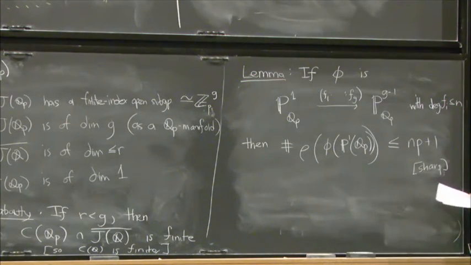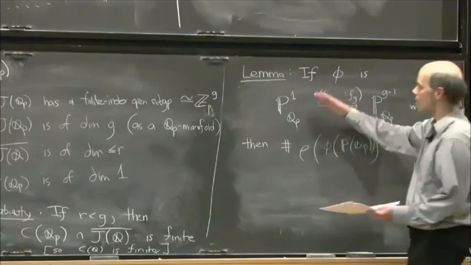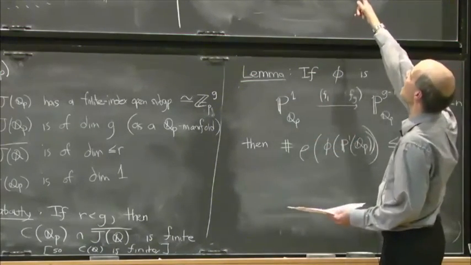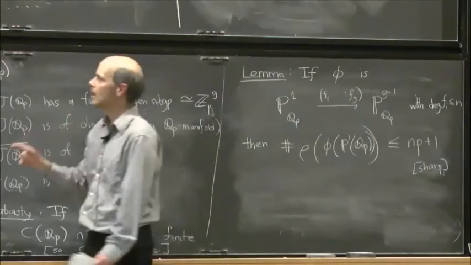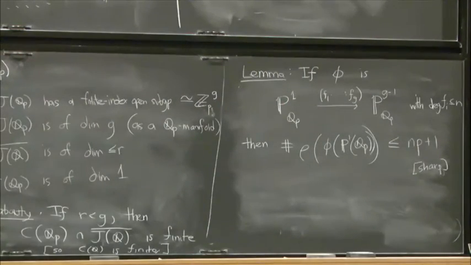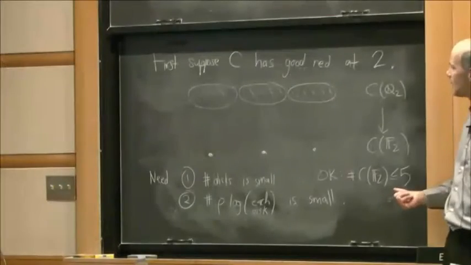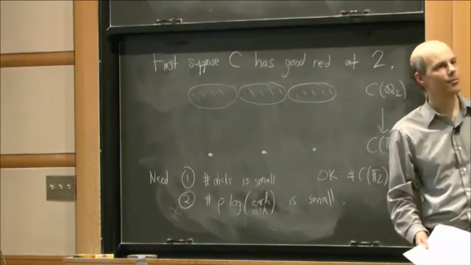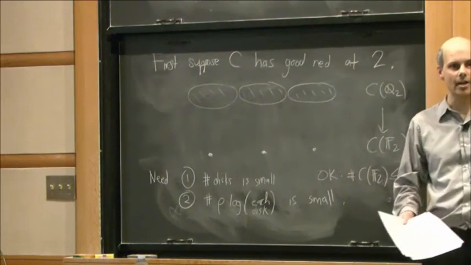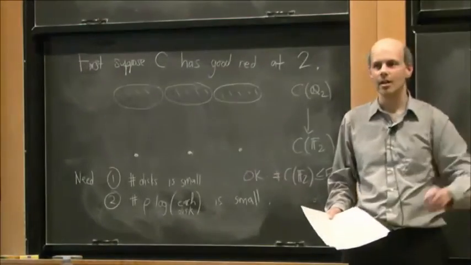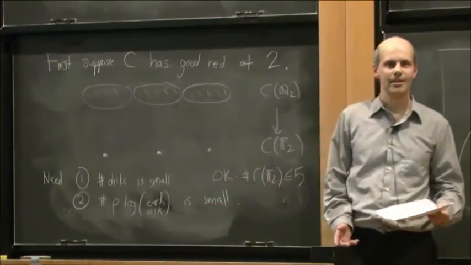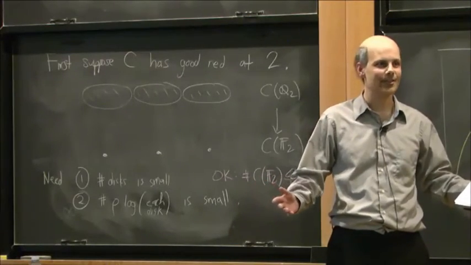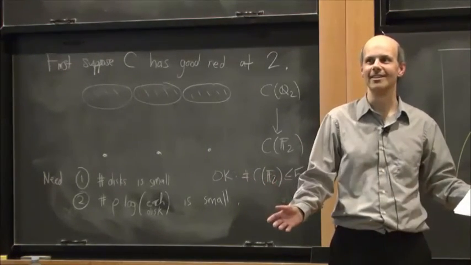But we're still not done. This lemma controls the image of this log map on one residue disk, and in the good reduction case we have only 5 residue disks to consider. But if you want a theorem that asymptotically gives 100% as the genus goes to infinity, it's not good enough to consider the good reduction curves, because there's a big positive fraction of curves over Q_2 that have bad reduction.